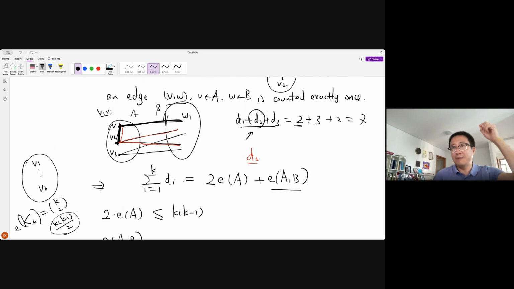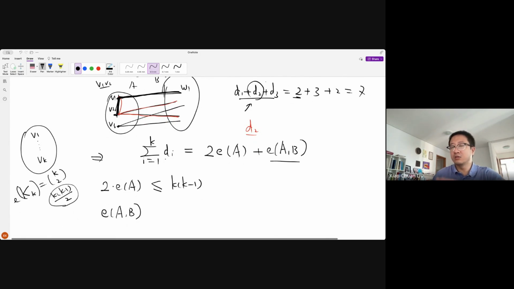So either I put every vertex here and count how many edges it goes to B, or I list all the vertices in B and for every vertex I count how many edges it goes to A. So it's the same expression. This is the spirit of double counting, right?